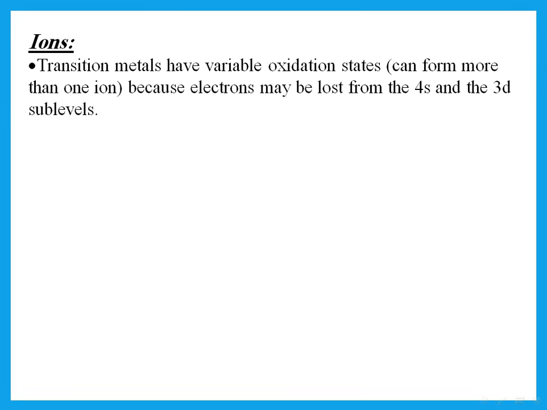Okay, what are the ions that we can form? Remember, transition metals, one of their characteristics is they have variable oxidation states, or different valencies, or different forms of ions. This is because I can remove electrons from the 4s and from the 3d. So for example, if I have vanadium, we said this is the distribution for vanadium, 4s2, 3d3.